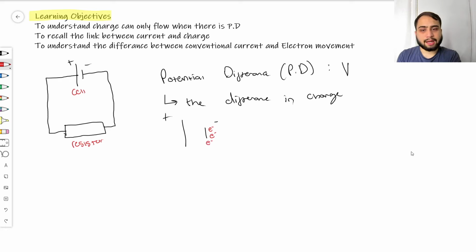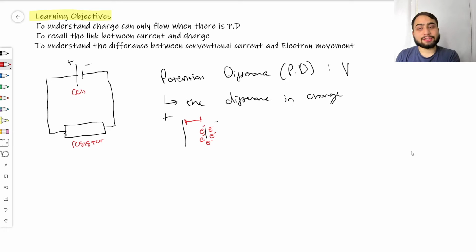Now remember, electrons are negatively charged particles that surround the nucleus of an atom. Now these negatively charged particles, because they're all bundled up on one plate, is what gives this plate the negative charge. But because these two plates are quite close by, a potential difference is developed across them.